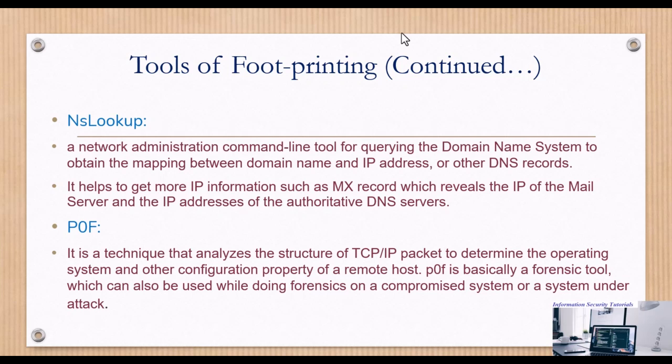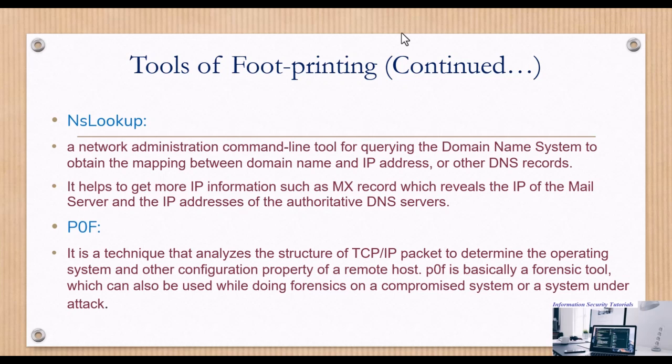It can also help to get more IP information, like the MX record, which reveals the IP of the mail server. This is a very important step to start after that to enumerate the user names and email addresses for this network and so on.